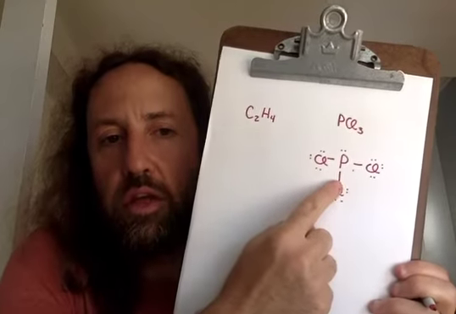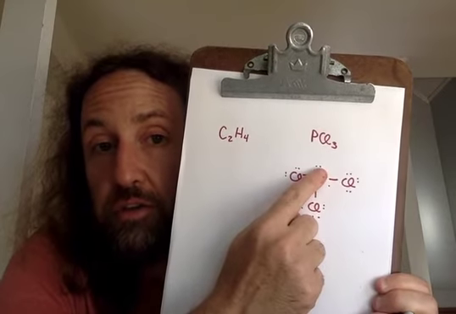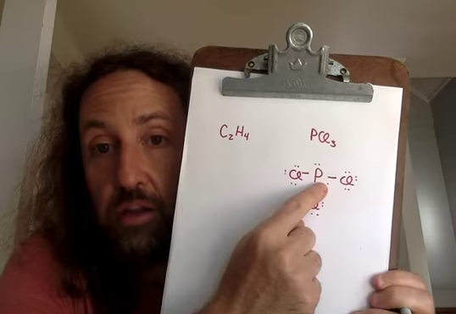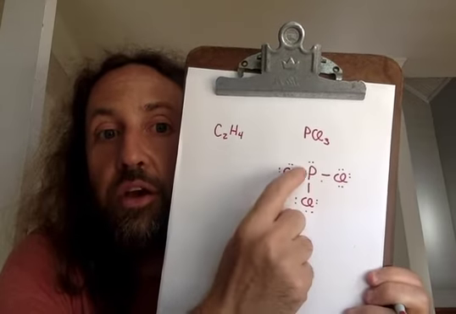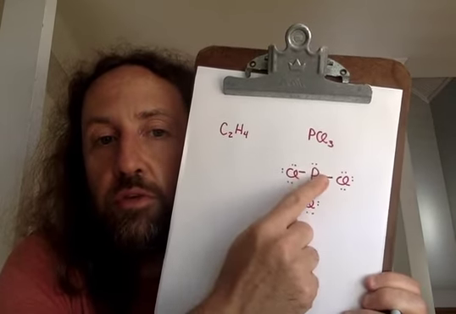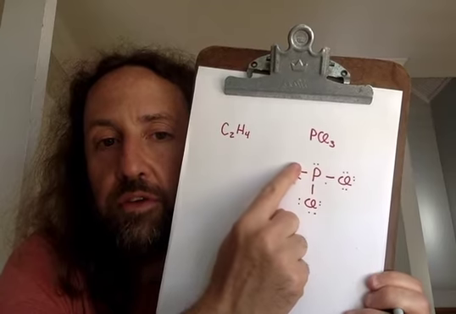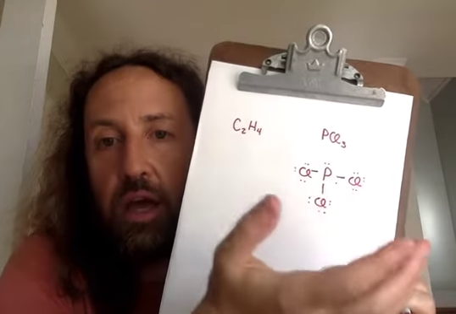2, 3, 4, 5, 6 chlorine. And then you get this structure. Remember, you got to have all that unshared pairs. That is just a dot that I made by accident. Sorry. So, you got 2, 4, 6, 8 on the phosphorus, and then each of the chlorines has 8.